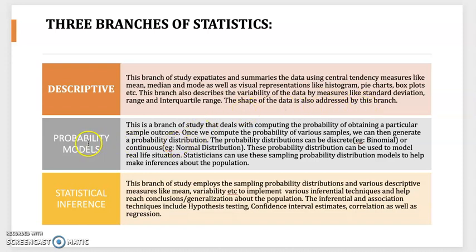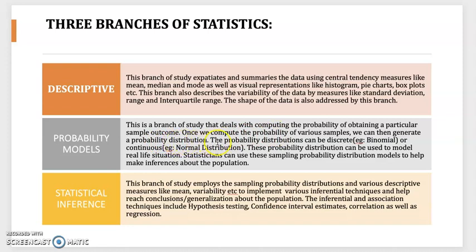Then we also have the probability model. This branch deals with computing the probability of obtaining a particular sample outcome. Once we compute the probability of various samples, we can generate a probability distribution.